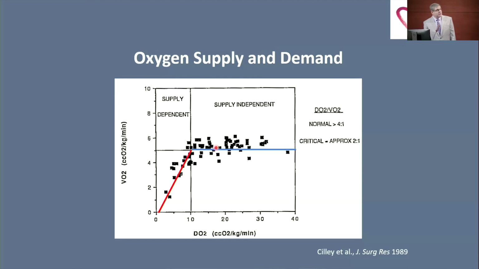And if you are not aware of that and you don't reverse that, you are going to get to this critical point where uptake becomes supply dependent, and this is not good. This is where the cells become oxygen hungry. This is where dysoxia occurs, and this is where lactate starts increasing. You really don't want to get to that point.